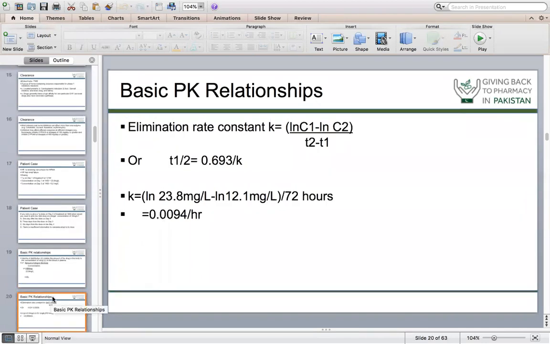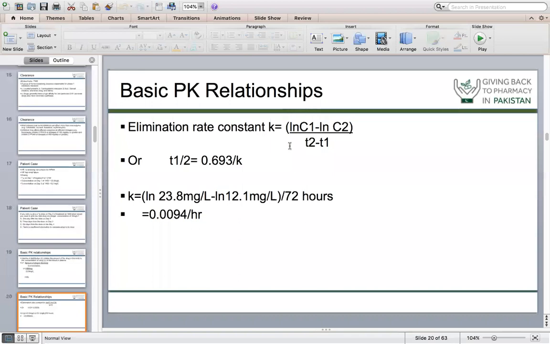Another important pharmacokinetic relationship is the elimination rate constant. We already discussed that it can be estimated in two ways, either by this equation, where we apply natural logs to the change in concentration over a period of time from time 1 to time 2, or by applying the half-life equation, T half is equal to 0.693 over K. By knowing the half-life, we can estimate the elimination rate constant.